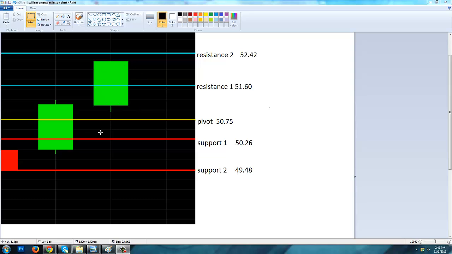It's the same here. If the next day it opens down, you short the stock. You short it, which means you sell the shares, and you cover them later. So you sell the stock.